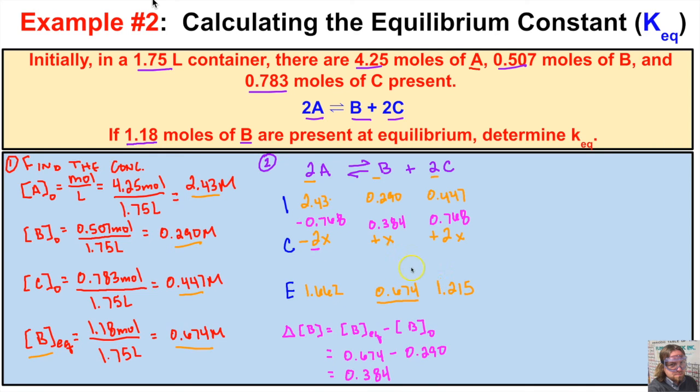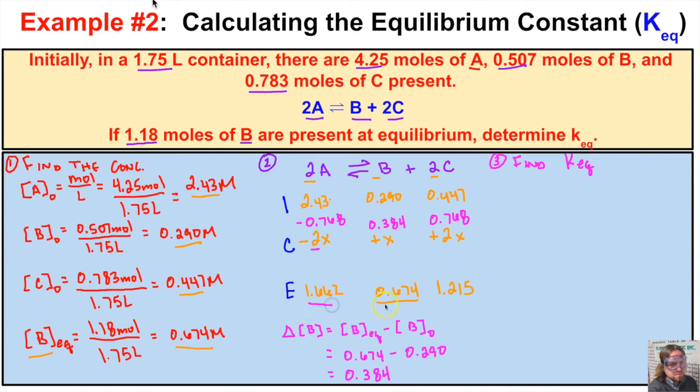So now that we've completed this ICE chart, what we can now do in step 3 is calculate KEQ. So in step 3, we're going to find what KEQ is, the equilibrium constant.